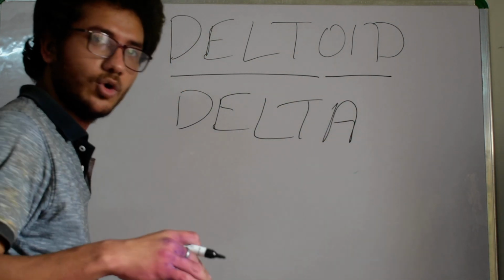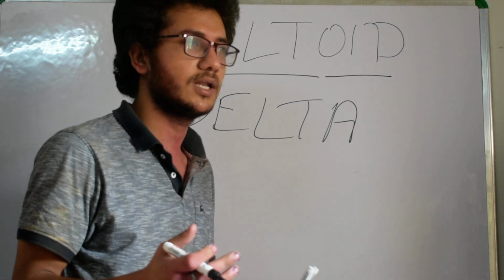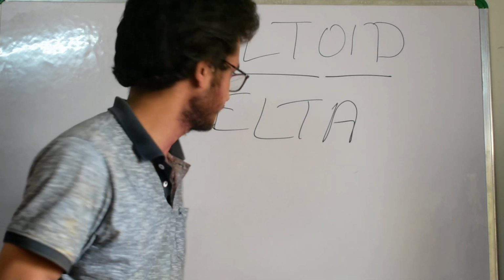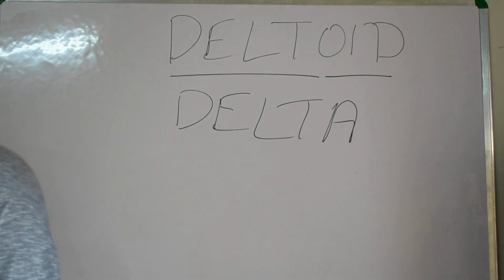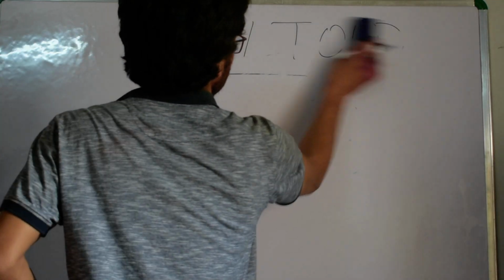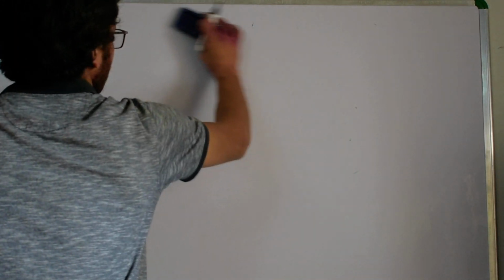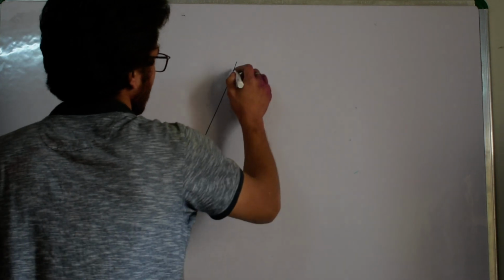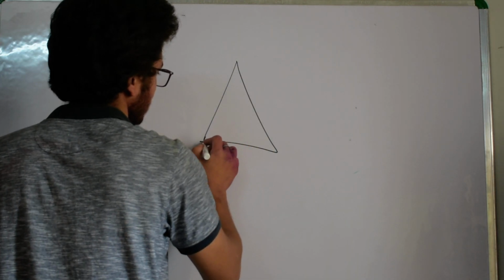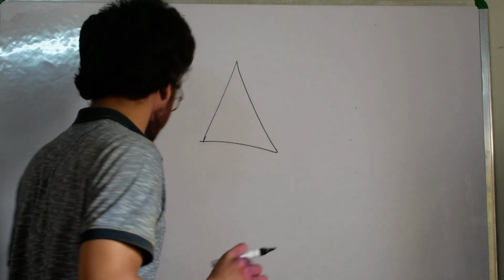Whenever we say oid, it's mostly like that thing. So delta means it's a triangle. When we say delta in physics or anywhere, it's a triangle. So it's basically a triangular muscle.